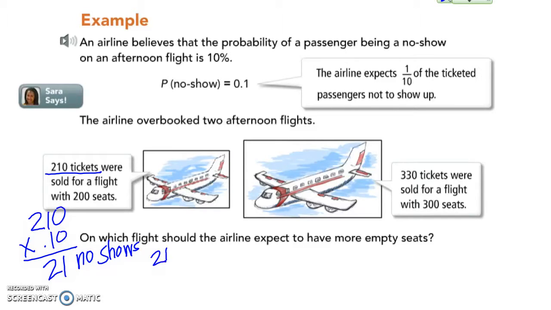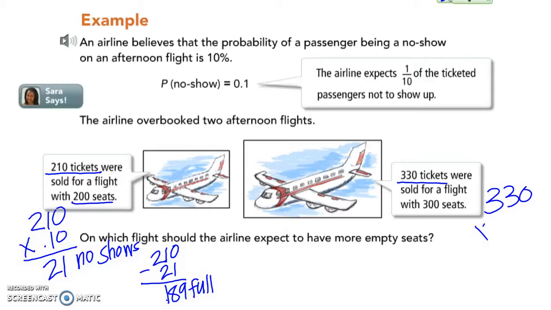So I would subtract the number of tickets sold minus the number of no-shows. How many seats are going to be full then? 189 seats will be full. That would leave 11 available if the flight has 200 seats. Whereas with this other flight, they sold 330 tickets.